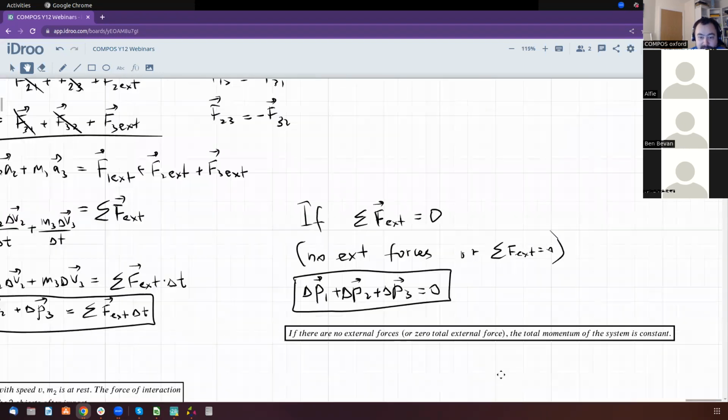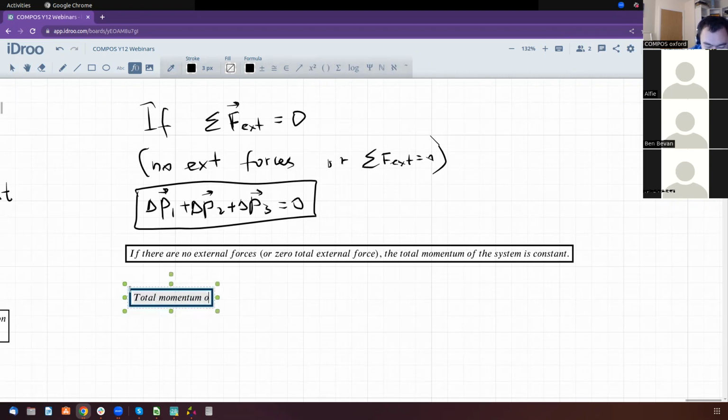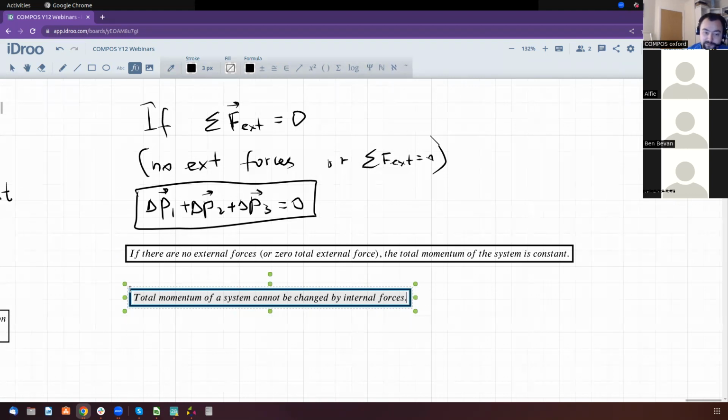This is another way of saying the total momentum of a system cannot be changed by internal forces, which is not the case for the kinetic energy, for example, because the kinetic energy of a system can be changed by internal forces, but the momentum cannot.